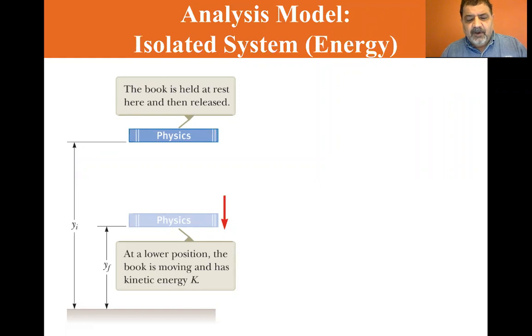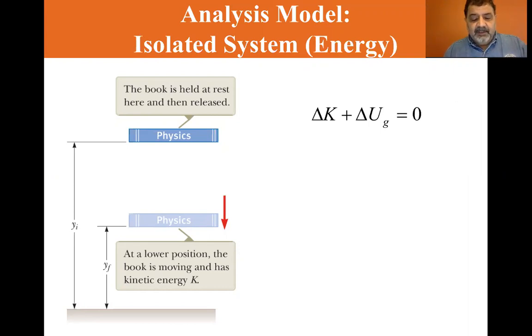As the book falls, the kinetic energy of the system, due to the motion of the book alone, increases, and the gravitational potential energy of the system decreases. So the change in kinetic energy plus the change in gravitational potential energy is equal to zero. As the potential energy decreases, you get a commensurate increase in kinetic energy.